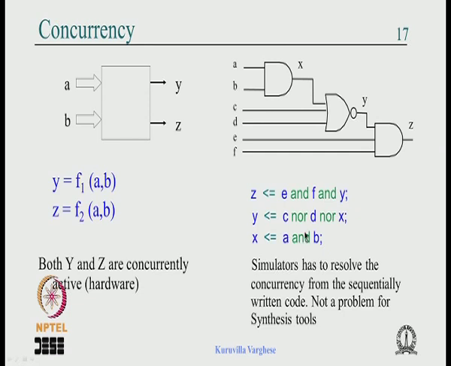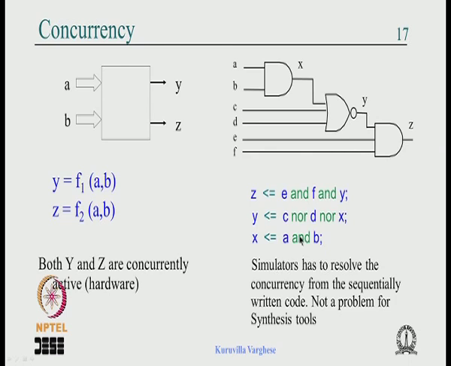The simulator has to resolve concurrency from the sequentially written code, because here it is written in the opposite of the data flow. Data flow is from A, B to X, X to Y, Y to Z. We have written it the opposite way, so Z and Y will be wrong, and only X will be correct if you do a top to bottom evaluation.